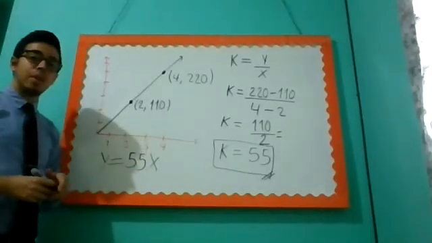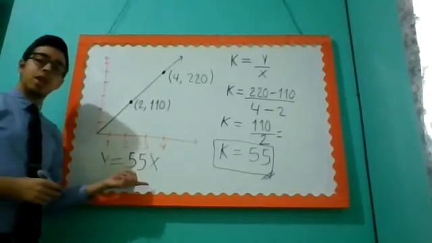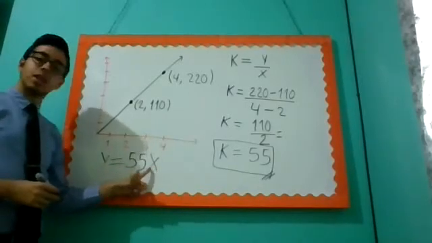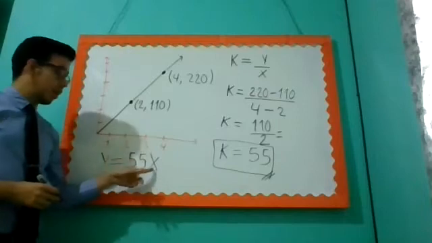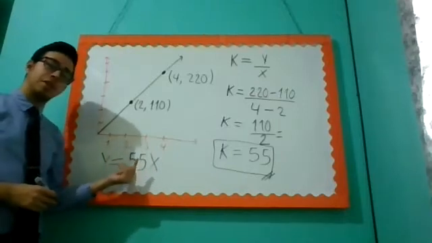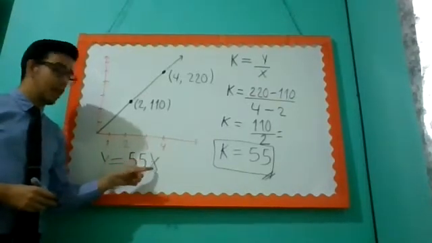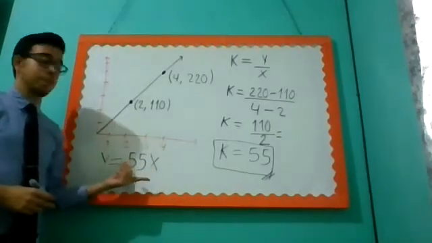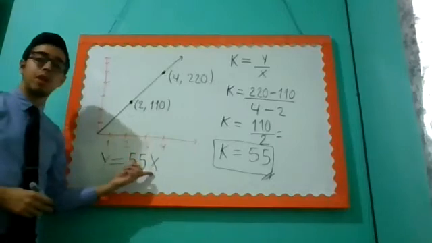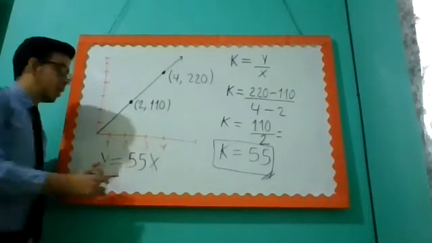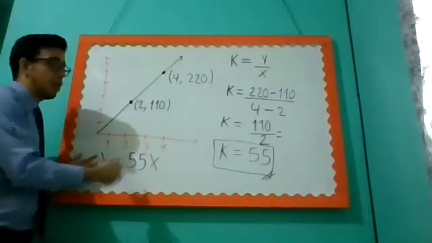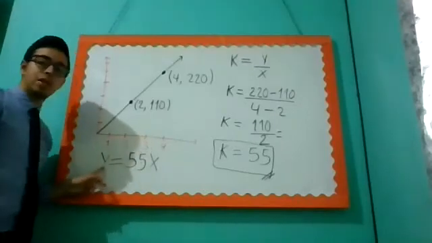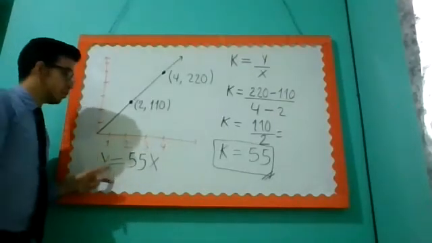And what is going to happen with this in here? For example, if x is one hour, you have 55 miles. But if x is 2 hours, you are going to have 110 miles. Depending on the number of hours you have for x, the equation is going to give another value for the number of miles, or for y.